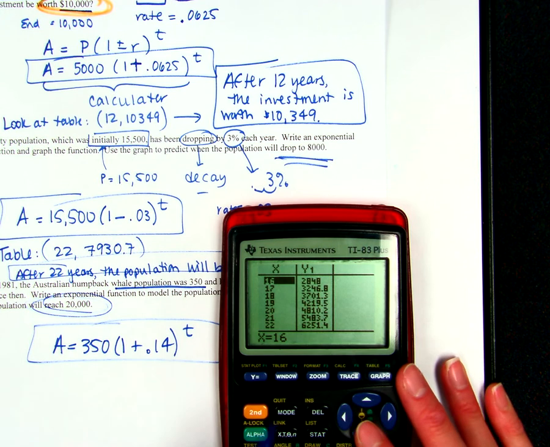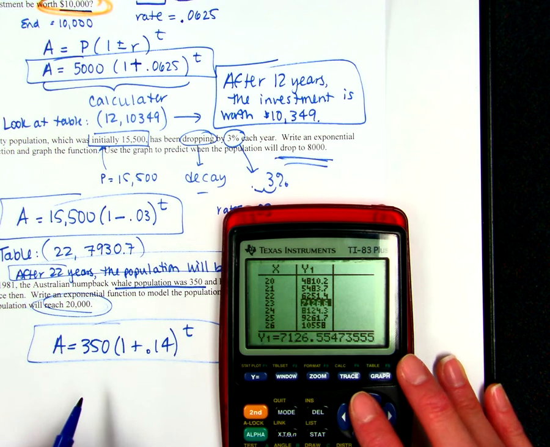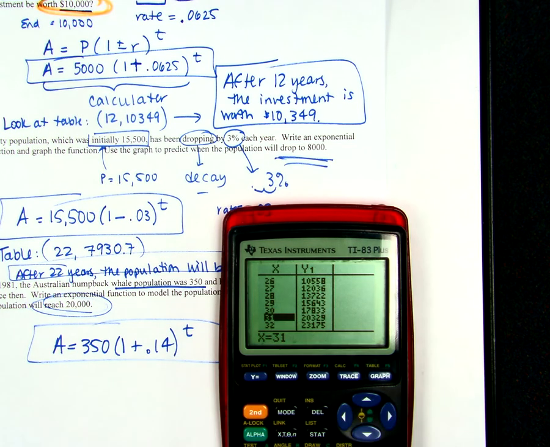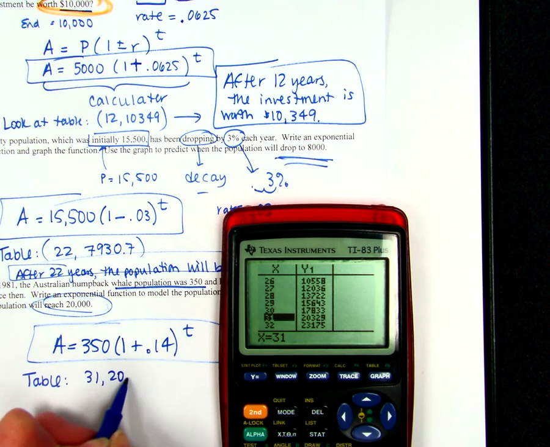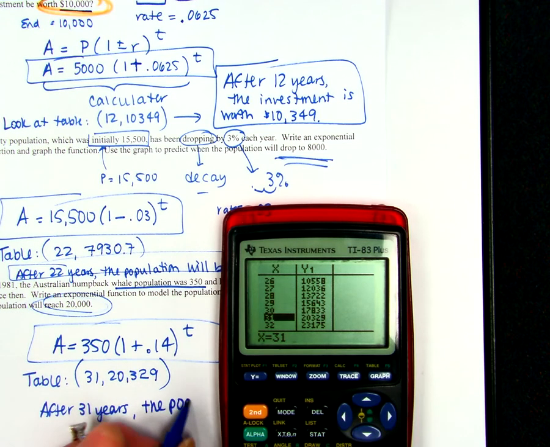So we need to scroll until this y value is at least 20,000. So here's 10,000. It looks like at 31. So if you look at your table, we have 31, 20,329. Okay? So this tells me after 31 years, the population will be 20,329 whales.